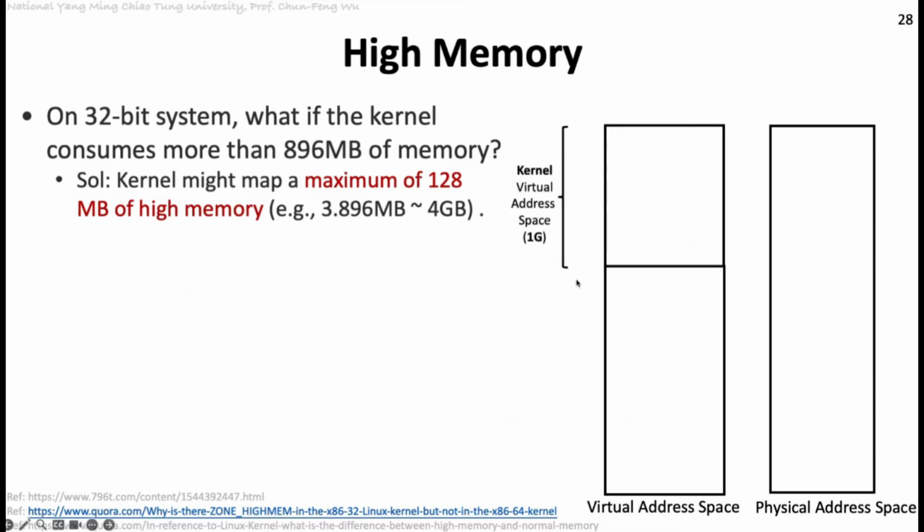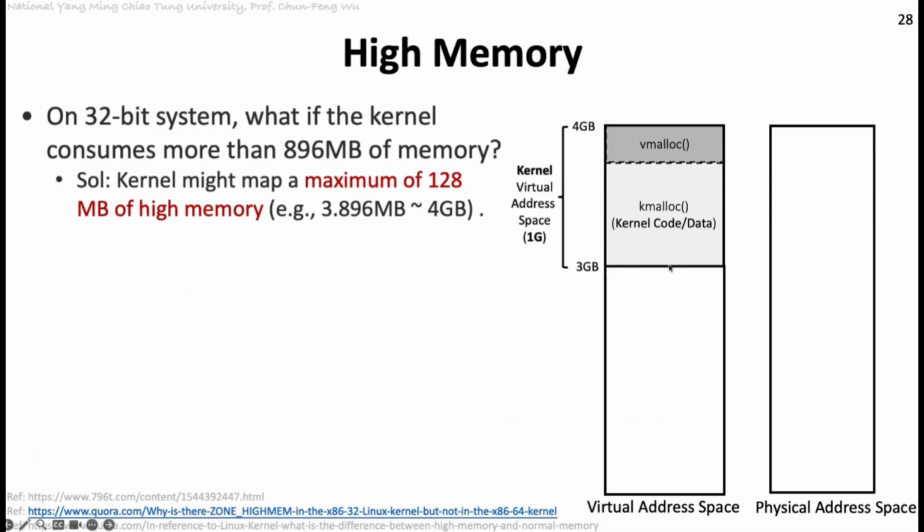For this virtual address space, the top 1 gigabyte is for the kernel. So when you are programming, you cannot use this part, because it is for the kernel. When you are writing a C program, you can only use the bottom 3 gigabytes.